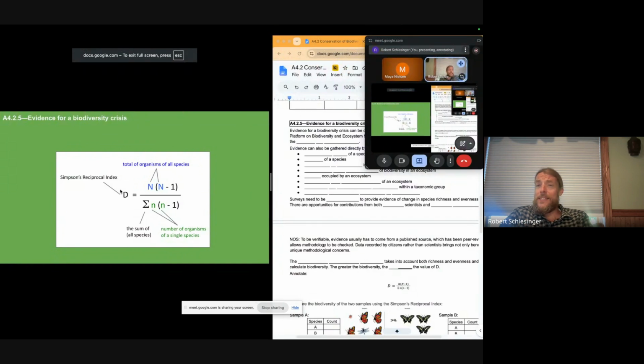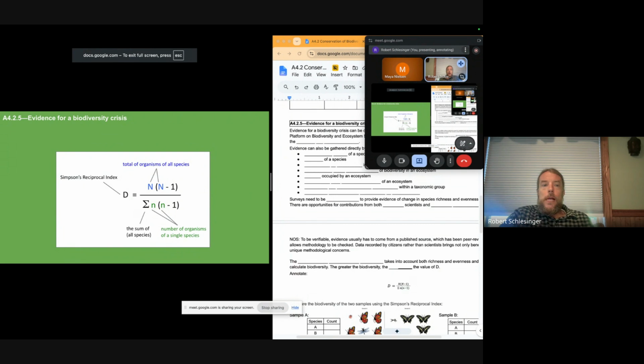And it's a meaningless number, right? It's just something that you generate, and the only way that it makes sense is in terms of comparison. Unless I'm comparing a D value to another D value taken from the same area, whether that's 6 months in the future, a year in the future, a week in the future, there's really no value in this D value. So it's a comparative value.